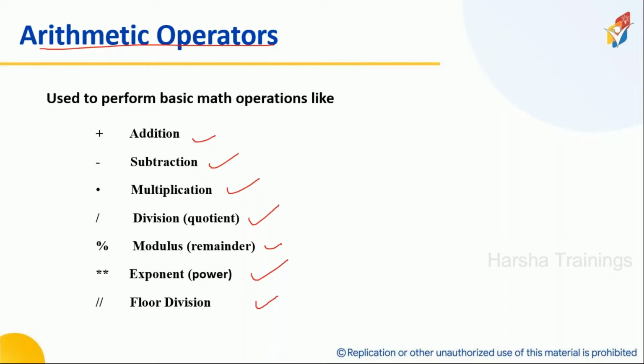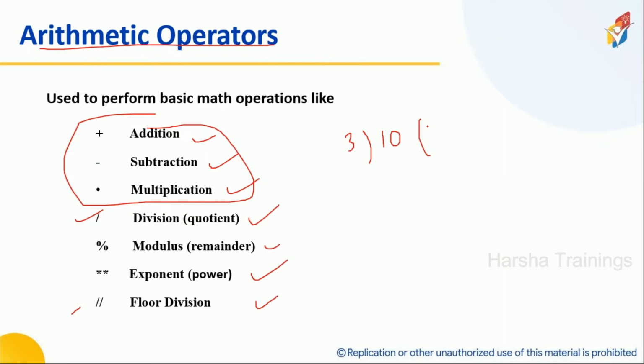I think everyone knows most about addition, subtraction, and multiplication. Most of the people will struggle with division and floor division. Now let me take 10, if I divide with 3.